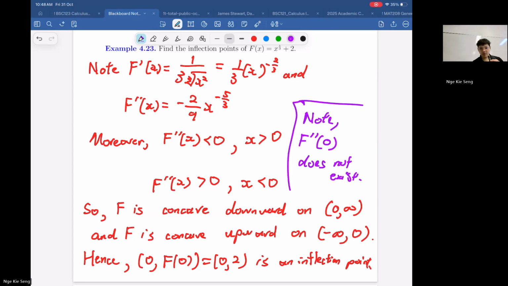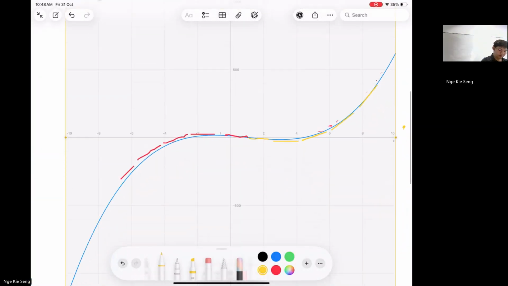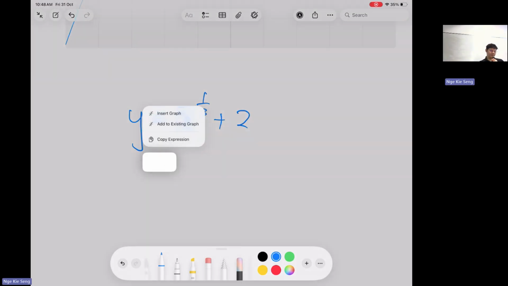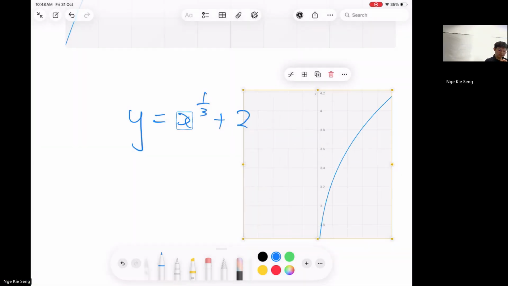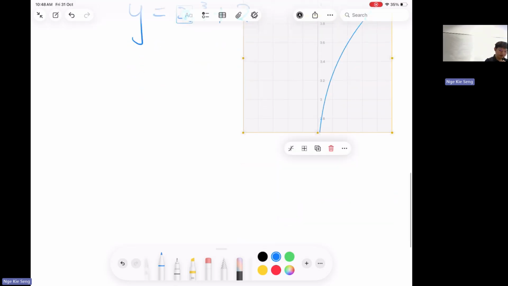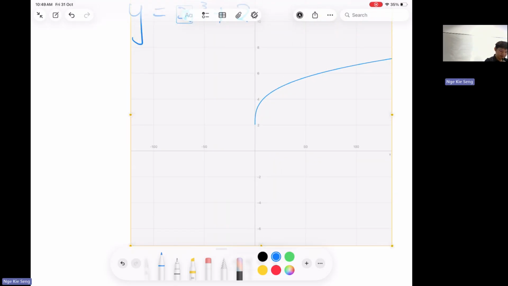Okay. Well, you can do a similar thing. You can try and draw this to make sure what you computed is okay. y equals x to the 1 over 3 plus 2. Can you recognize it or not? Oh, can recognize. Insert graph. Okay, so where is our inflection point, 0? This is not big enough to see.